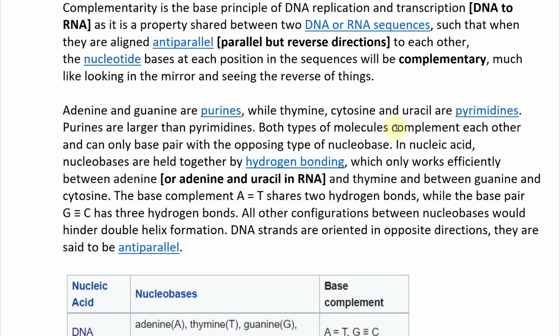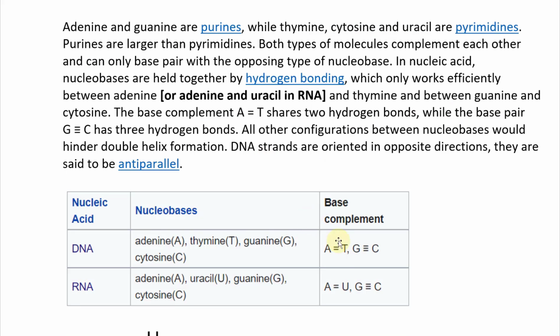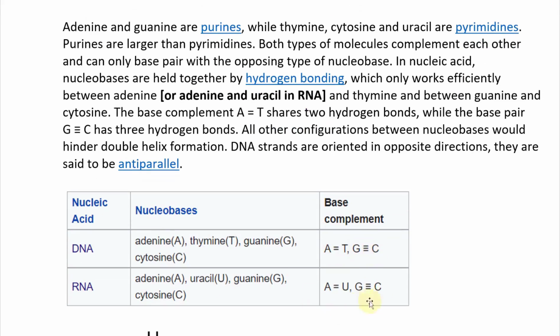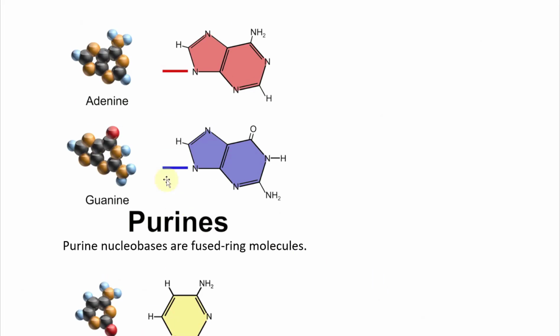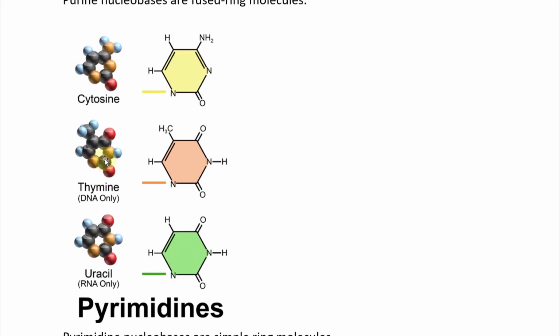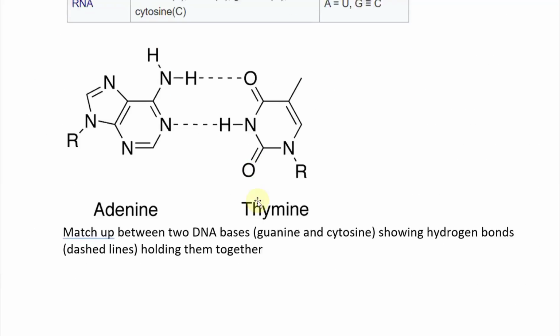Both types of molecules complement each other and can only base pair with an opposing type of nucleobase. So you'll have purines connecting to pyrimidines. Let's just double check that case here. A, T, G, C, then A, U, G, C. So you have AT, GC, and AU.